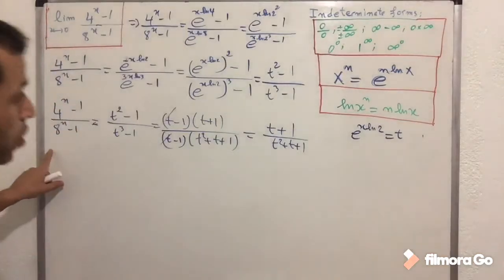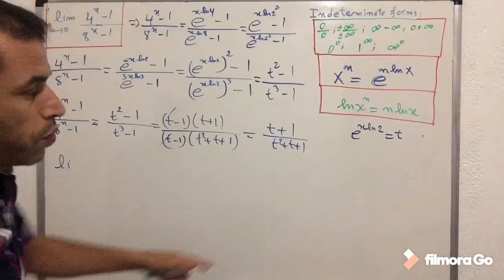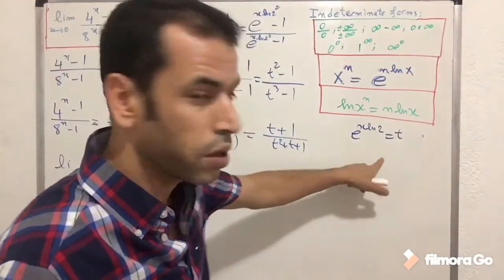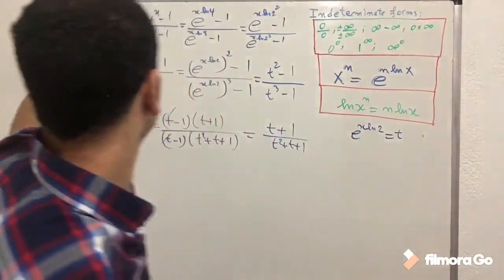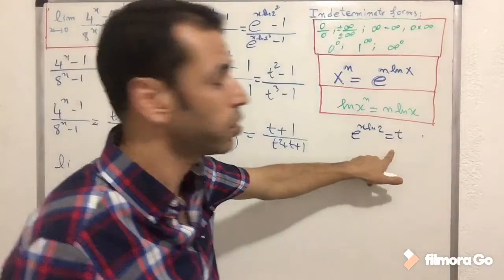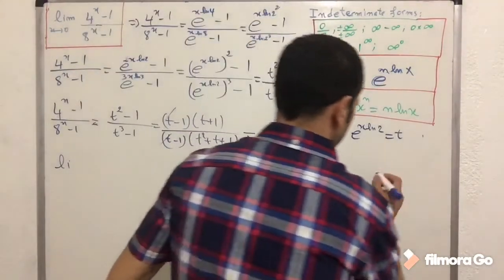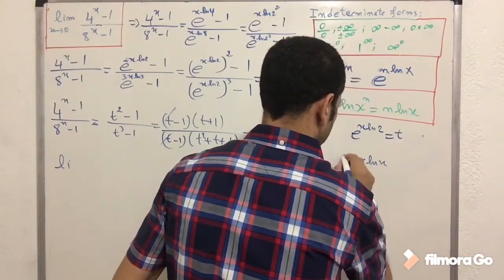So now we apply our limit here. Be careful when you apply the limit: you must mirror the substitution. For x, you plug in 0, but for t you have to find the limit of t.